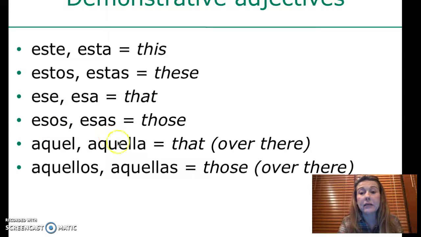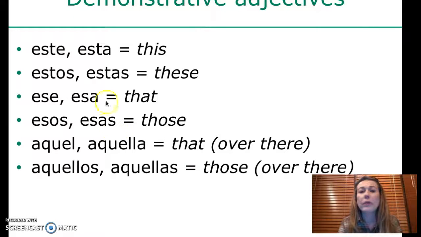Aquel y aquella, that over there, and this is usually at a pretty larger distance, and aquellos and aquellas, those over there. Okay? So as I told you, these first forms, este, ese, and aquel, are your masculine singular. Esta, esa, aquella, feminine singular. And then you have your masculine plural, estos, esos, y aquellos, and feminine plural, estas, esas, y aquellas. So they need to match up with the noun that follows them.